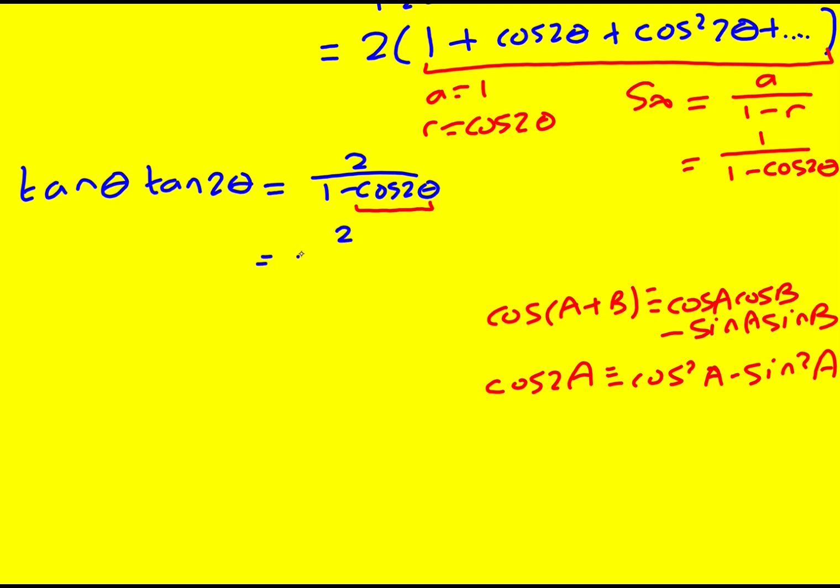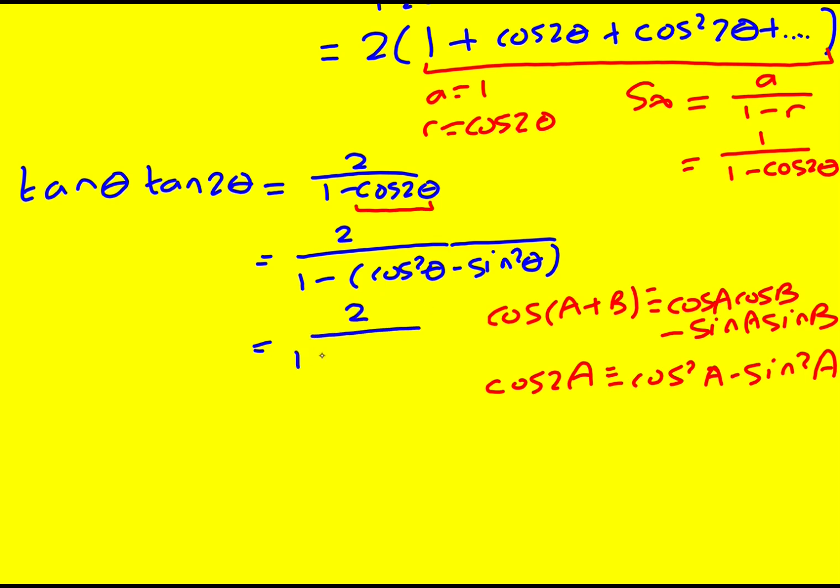And I think I'm just going to substitute in for that. So 2 over 1 minus cos squared theta minus sine squared theta, which becomes 2 over 1 minus cos squared theta plus sine squared theta.